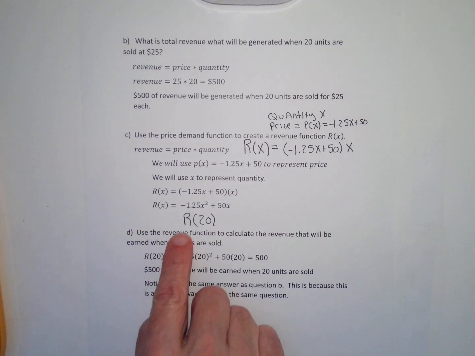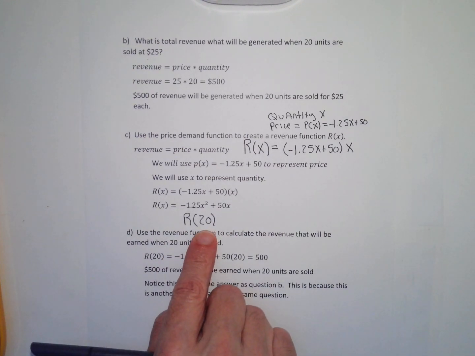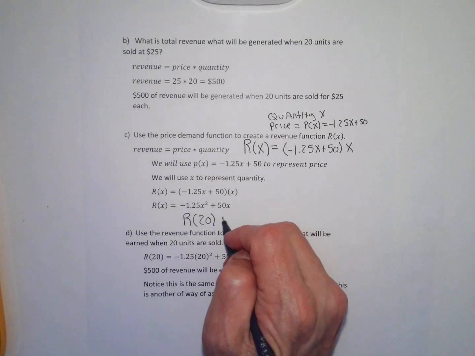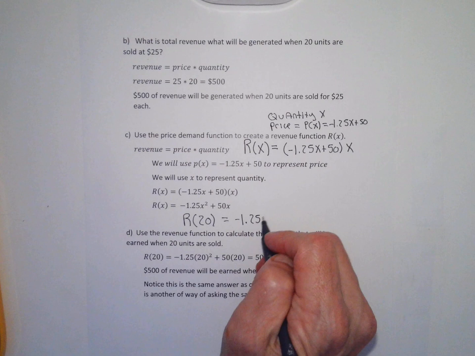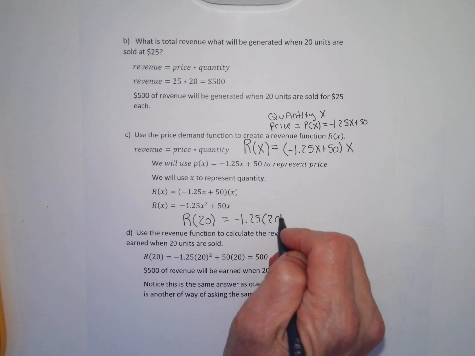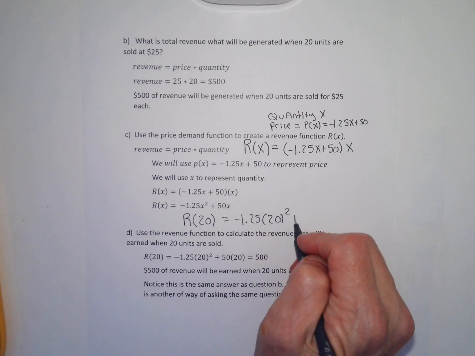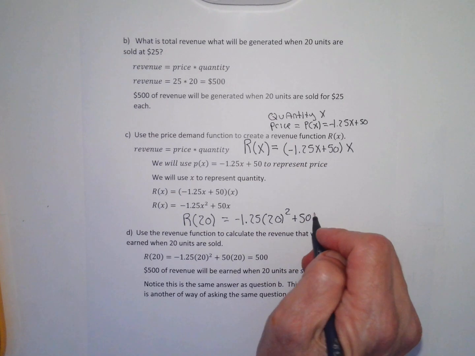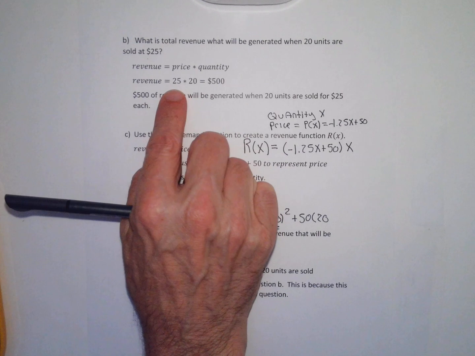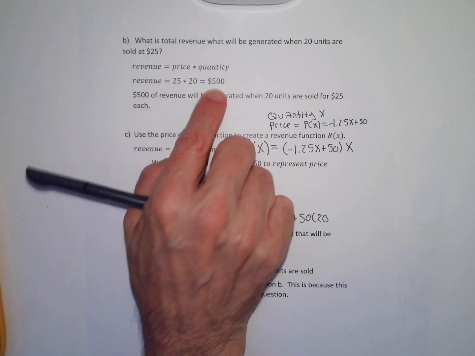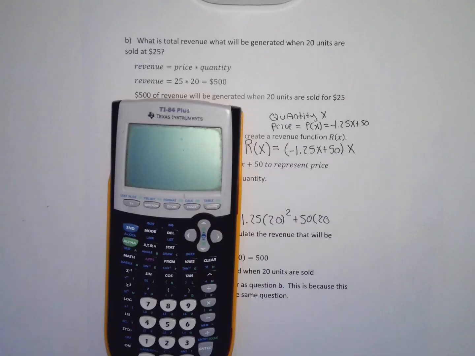So this says the revenue for selling 20 units of the product, the same product that I've been doing for this example, is going to be negative 1.25 times 20 squared plus 50 times 20. Well, I know for this product in this price demand function, to sell 20 units, I need to charge $25 each, and the revenue is $500. That's going to tell me it right here.